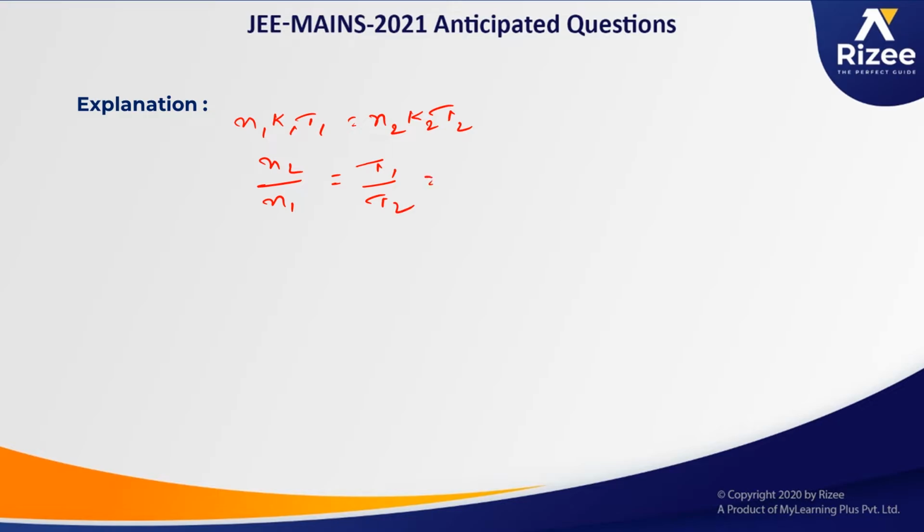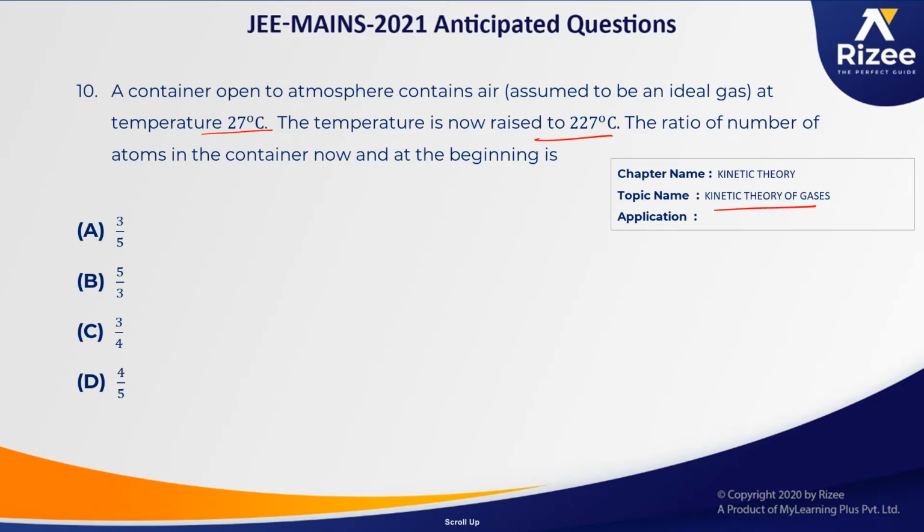The T1 value is 273 plus 27 by 273 plus 227. This comes out to be 300 by 500, or 3 by 5 in ratio. So 3 by 5, that means your option is A.